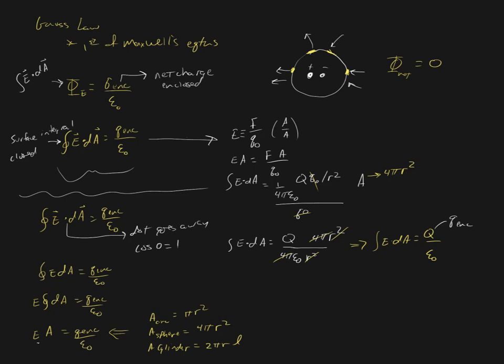E is always constant. A is going to be some symmetry that we already know the equation for, so we already know what A is going to be.